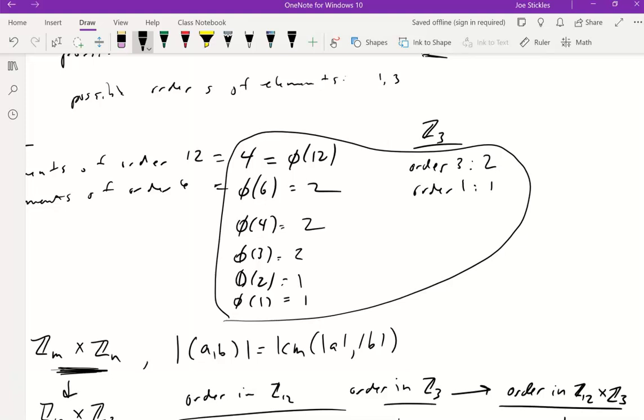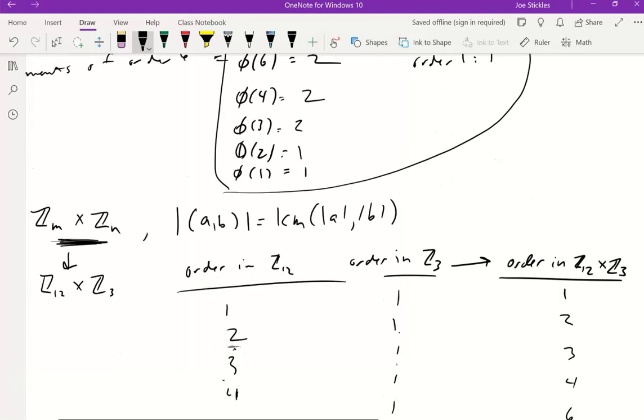When I'm making up the element in the direct product, I have to take something from the first group and something from the second group and piece them together. We know when we put them together, the order of the ordered pair is the least common multiple of the orders of the 2. Right? Are we okay with that part?